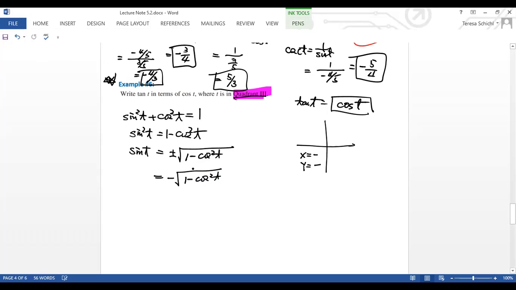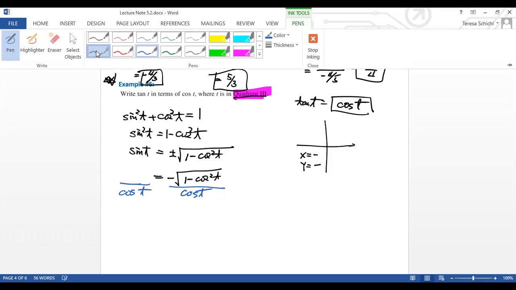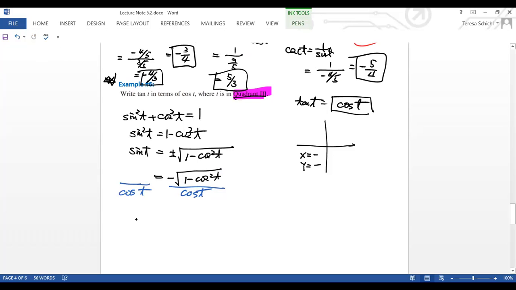All right. Now you say, but I still don't have the tangent. Oh, you use another identity. Then you say, hey, both sides I divide by cosine t. Let's see what happens here. All right, so the left-hand side, when you divide by cosine t, it's sine over cosine, haha, what is this one? This one is tangent t, right?